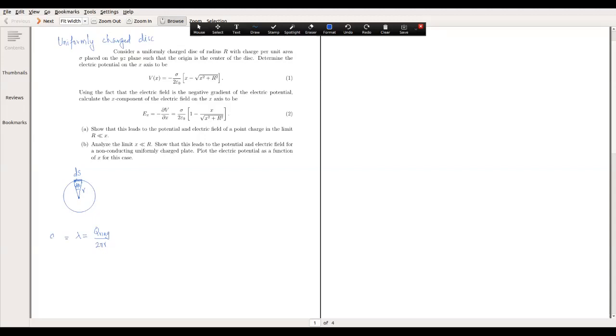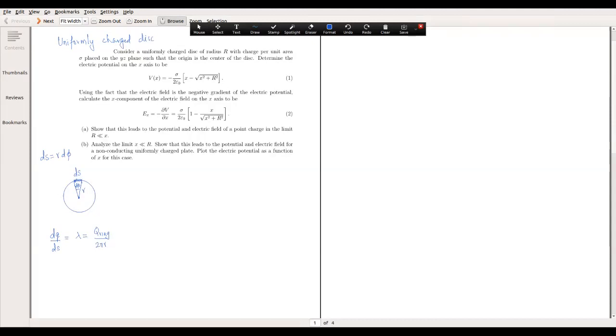So the total charge in this tiny segment of this ring will be dq over the arc length, which is ds, where ds is equal to r times d phi, because that's the relation between the arc of a circle with respect to the radius.